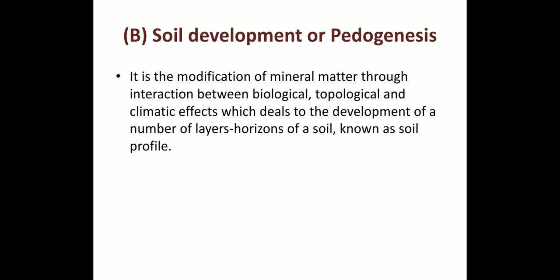Now we come to the point B, soil development or pedogenesis. It is the modification of mineral matter through interaction between biological, topological and climatic effects, which leads to the development of a number of layers, horizons of a soil, known as soil profile.